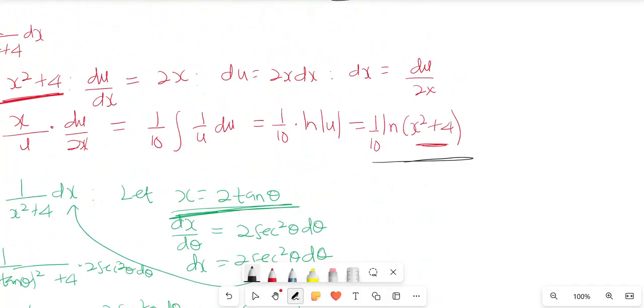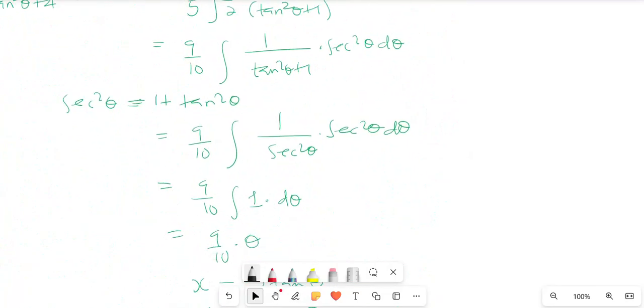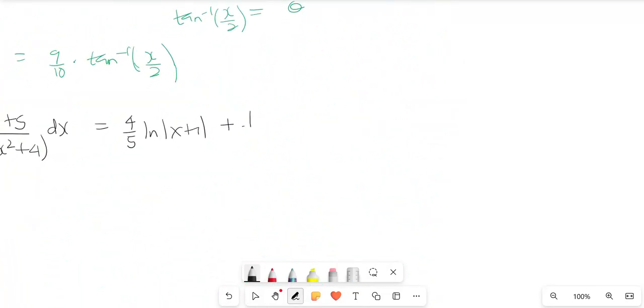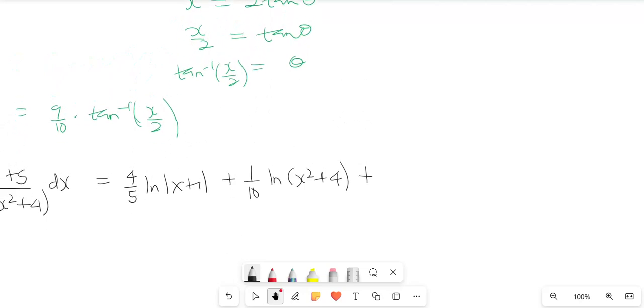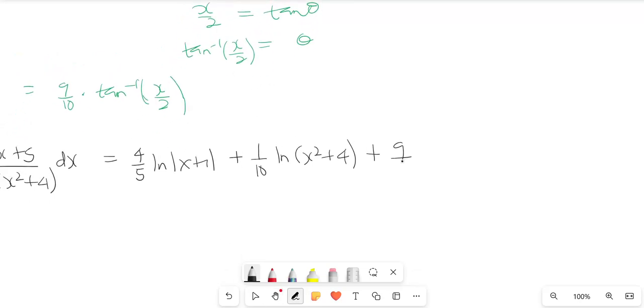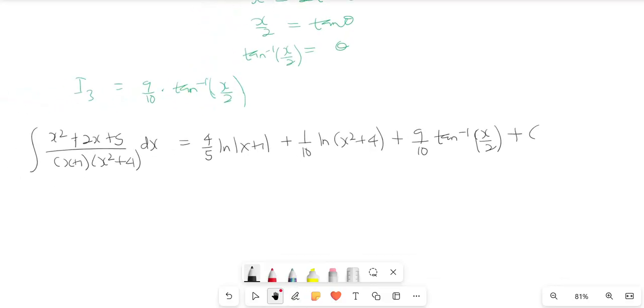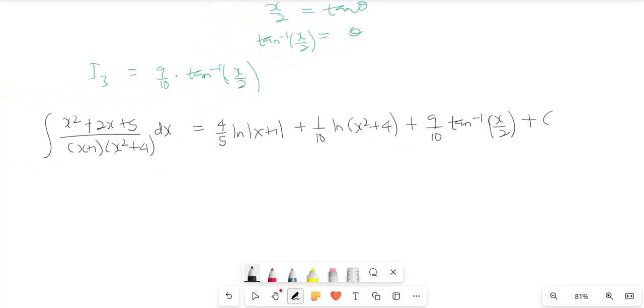I2 is 1 over 10 times the natural log of x squared plus 4, plus the value of the last integral. Last integral is 9 over 10 arctan of x over 2, plus the constant of integration. So this is the value of this rational function.